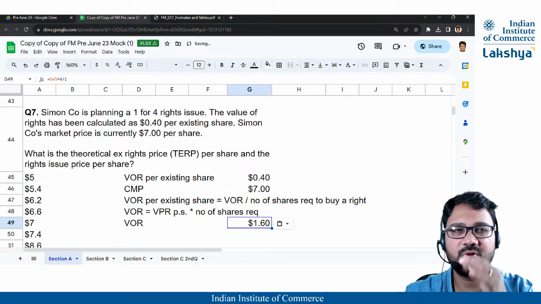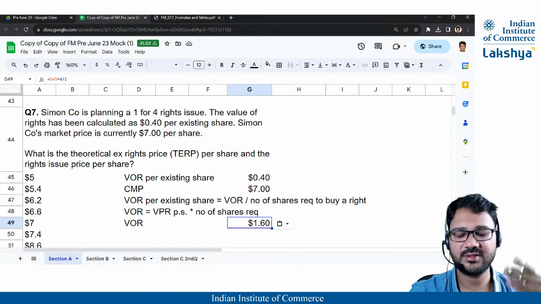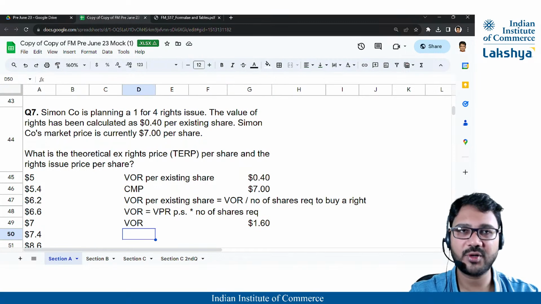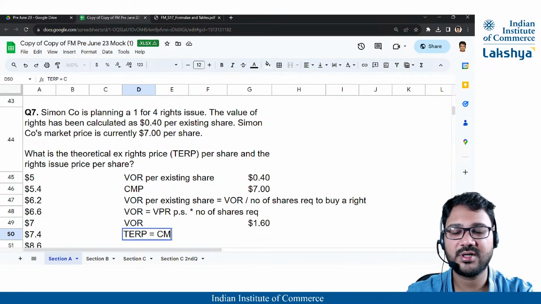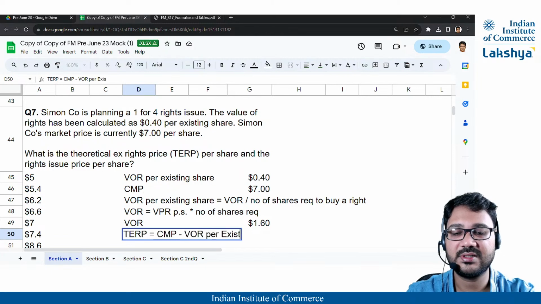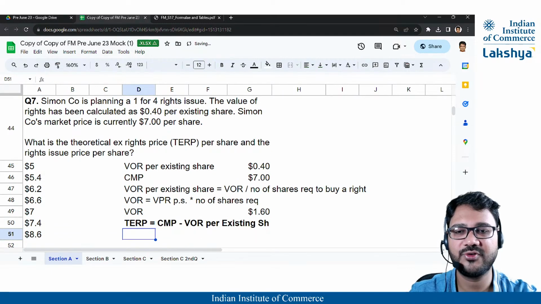Now, on day 1, the first day of revision, I had suggested reading the examiner's report. And in that report, you would have come across a new formula which is not there in the study text, which is TERP is equal to current market price minus value of a right per existing share. I'll just bold this because this is a new formula.